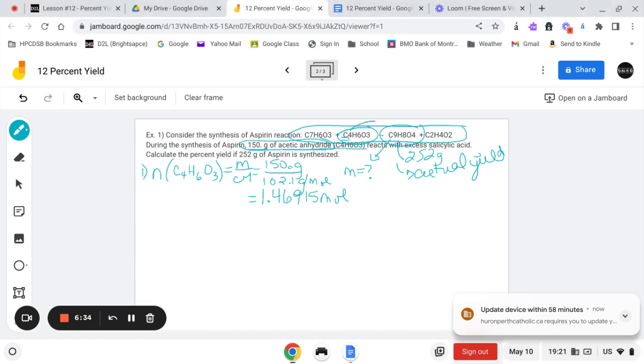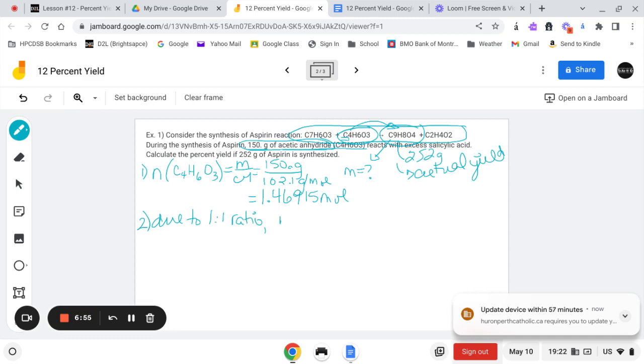So we want to move over here to our aspirin formula. And the good news is that everything's a 1-to-1 ratio. So you could set up a mole ratio if you want, but I'm fine if you just write down a 1-to-1 ratio, because that's what I've got.